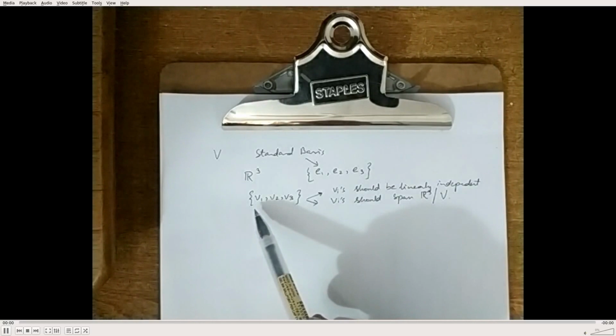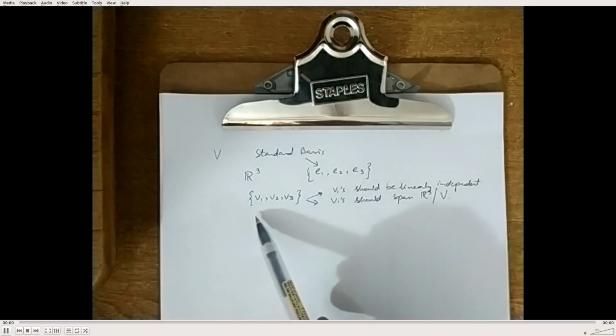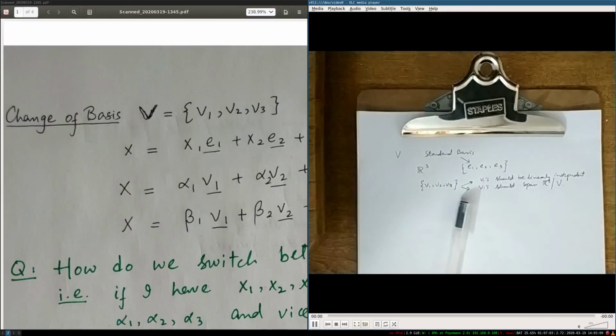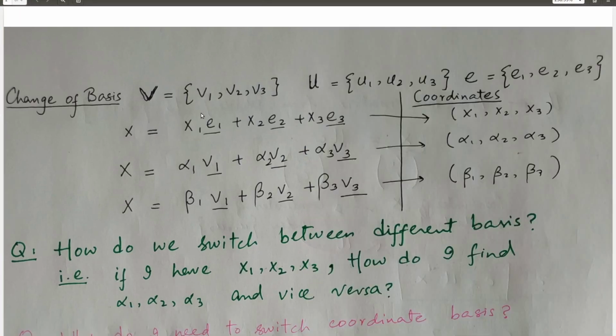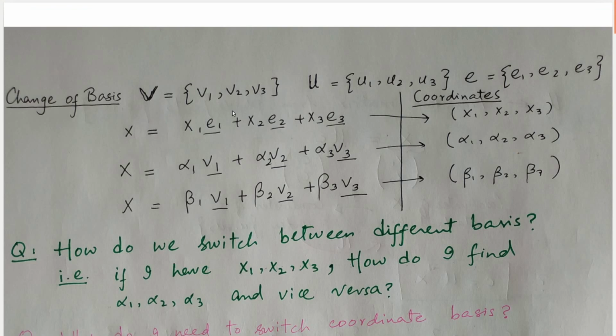If this collection of vectors satisfies these two conditions, then we know that this collection is a basis for R3. Suppose I have a vector space and several different bases for it: a collection V1, V2, V3, U1, U2, U3, and E1, E2, E3. All of these, I'm assuming, form a basis for my vector space.